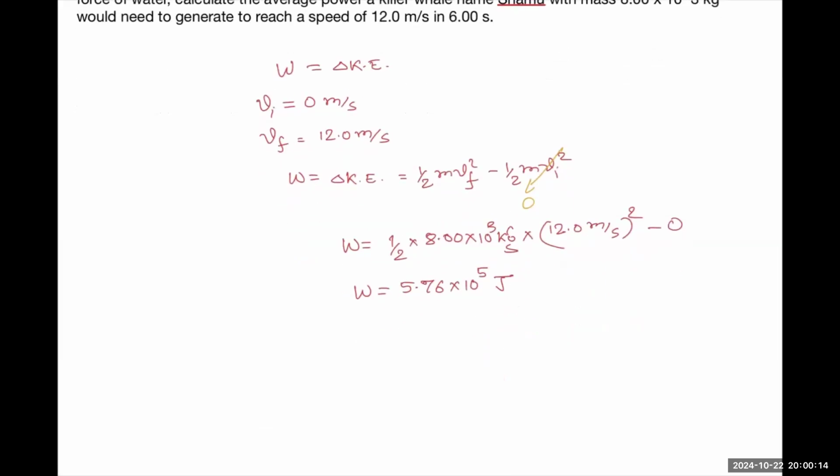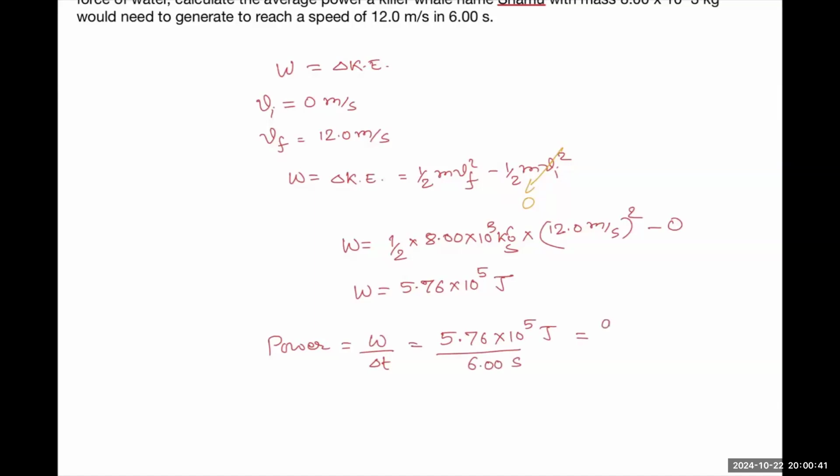That's my work. And what's my power now? In this case, I don't need to do force times velocity because energy is not given, we calculated it. And what is my time, my delta t, which is 6 seconds. So 5.76 times 10 to the power 5 joule over time, 6.00 seconds.